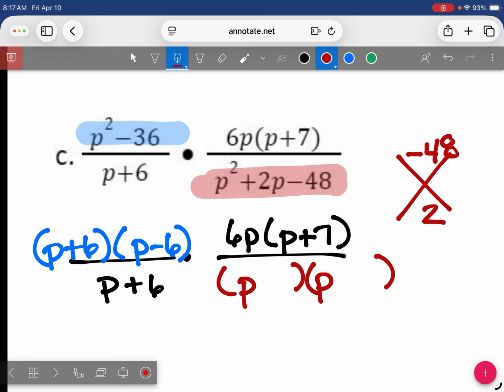Anybody know the numbers? Isaiah? 6 and 8. Good. Which one would be negative, the 6 or the 8? The 6. Yep, the smaller number.